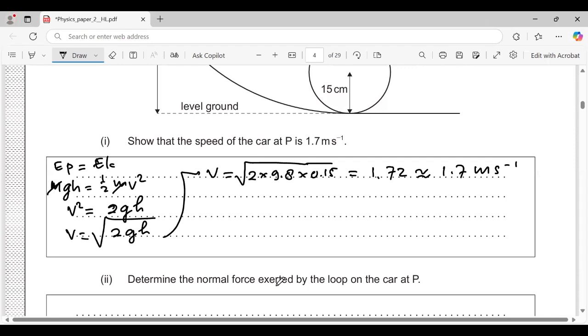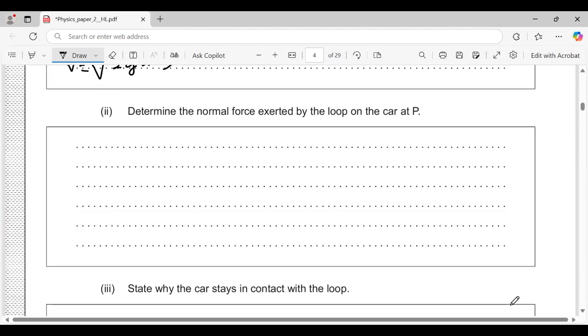Now, determine the normal force exerted by the loop on the car at P. Using Newton's second law in the vertical direction, if you evaluate the diagram, I would like to use this rule: F, and this is the normal force, plus mg equals m v squared divided by r. v is the speed of the car at the top of the loop, as you can see on the diagram. r is the radius.